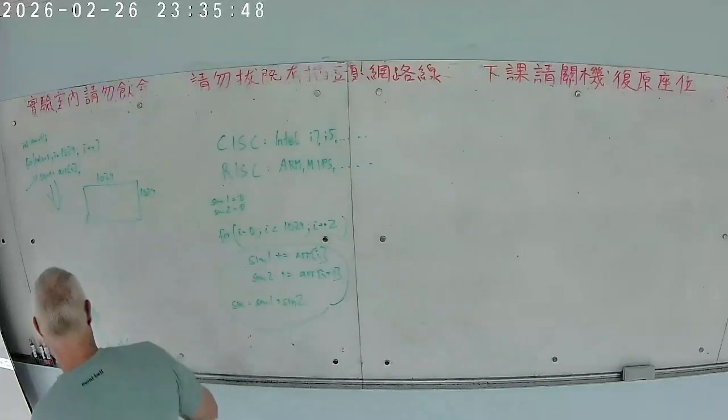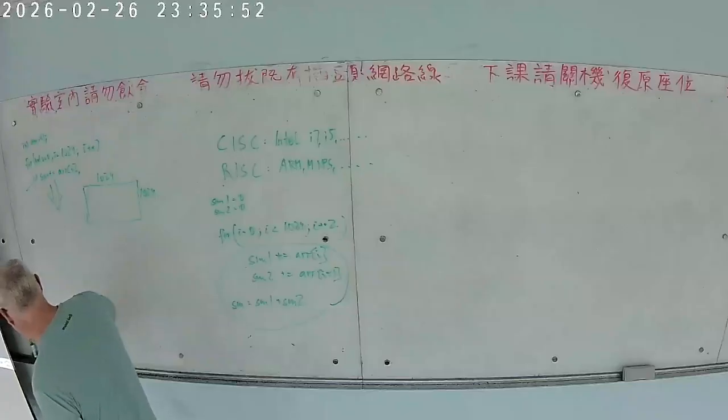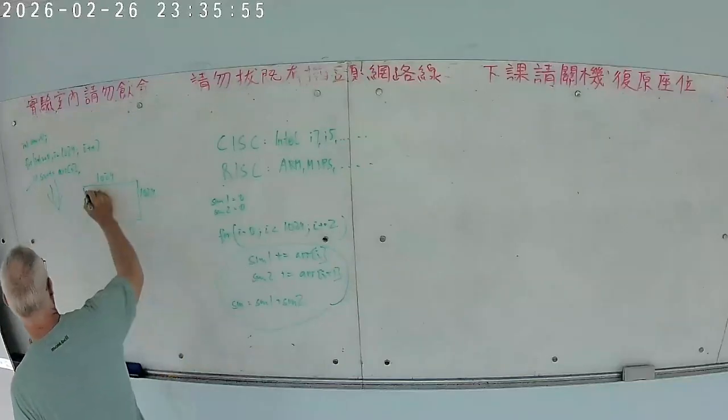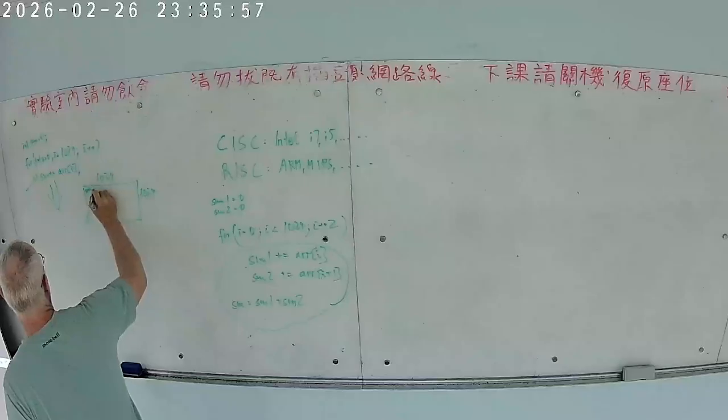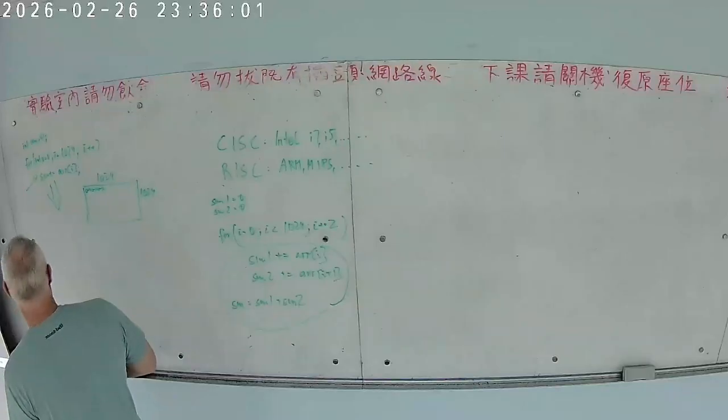do you want to go through the image this way, row by row, or do you want to go through the image column by column? Column by column?